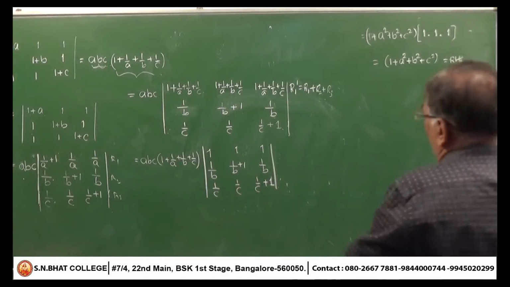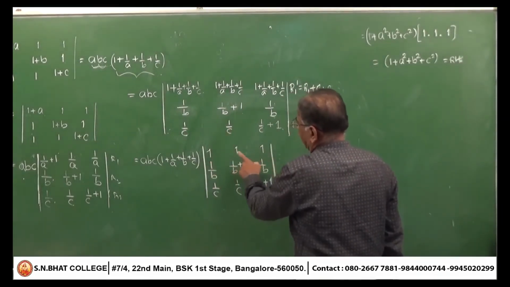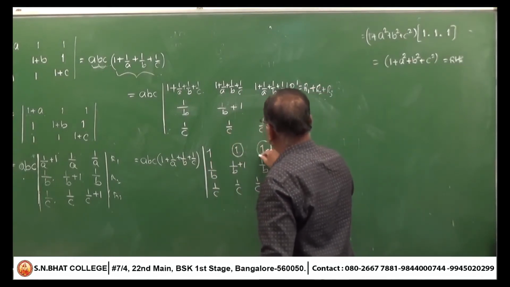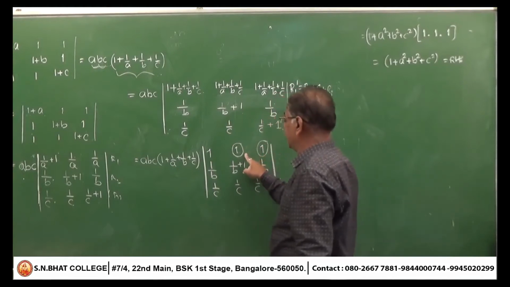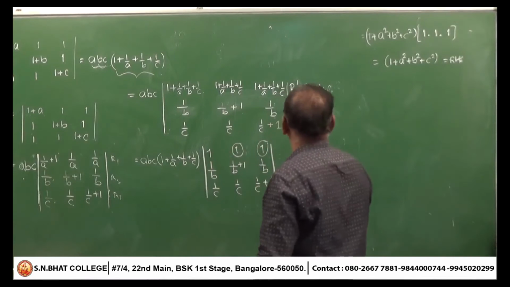Next, in any row or in any column, all the elements are 1, 1, 1. You have to make any 2 of the 1s to be 0. I have to make these 2 to be 0. Column operation: C2 dash is C2 minus C1, C3 dash is C3 minus C1.